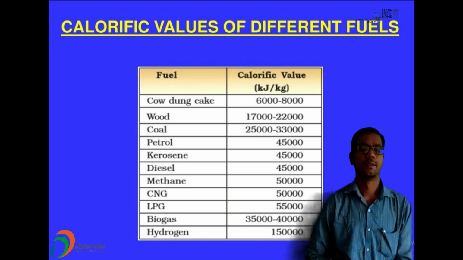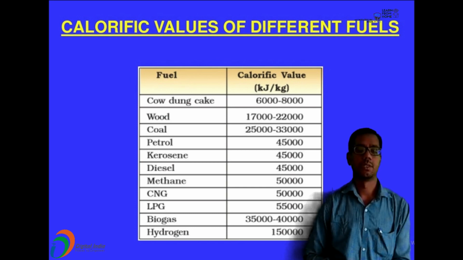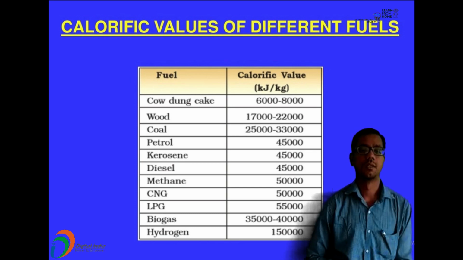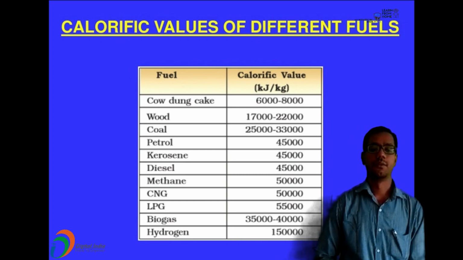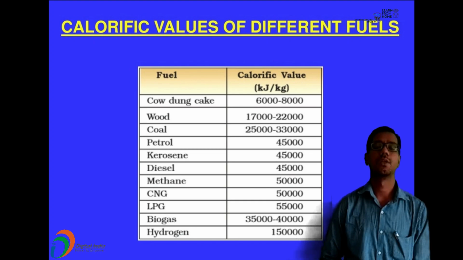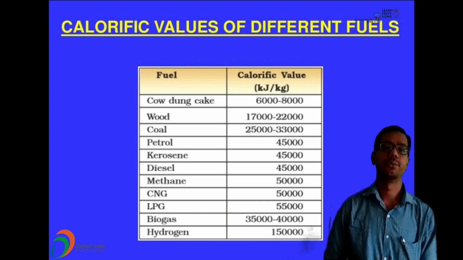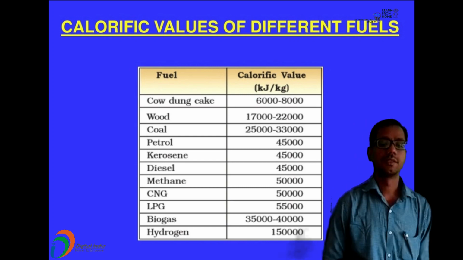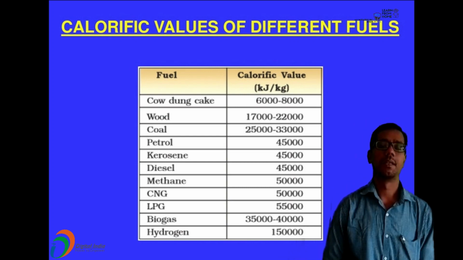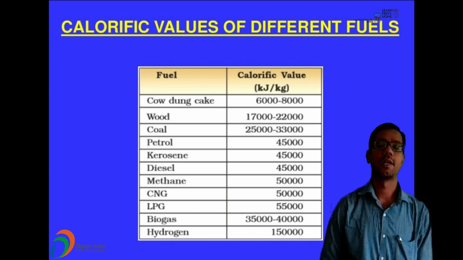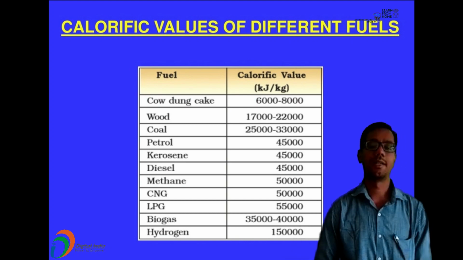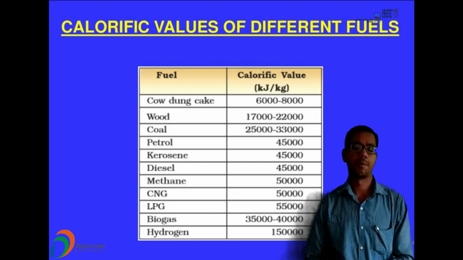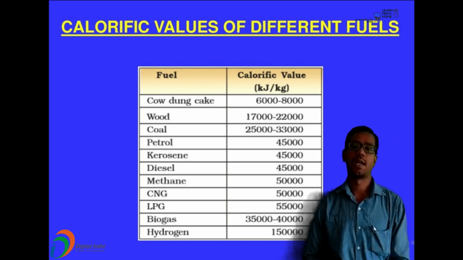You can see cow dung, wood, coal, petrol, kerosene, and so on. You can see hydrogen, it is 1,50,000 kilojoule per kg. This is the value. So we can say that it is the best fuel, but there are certain limitations for hydrogen gas. Because it is a gas, it is very difficult to handle for domestic purposes, and at the same time it is light in weight.